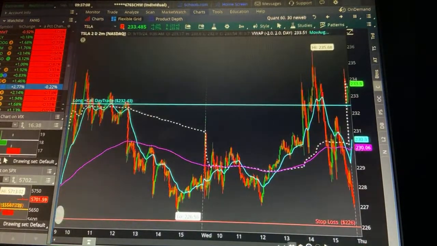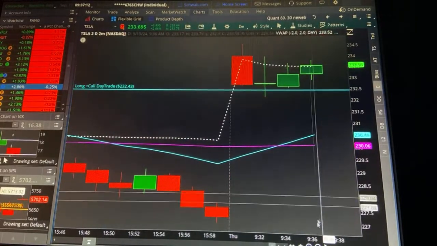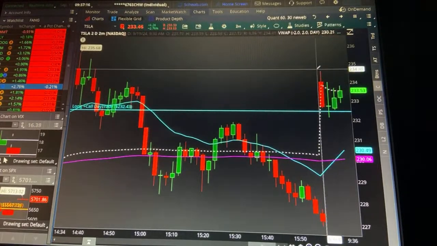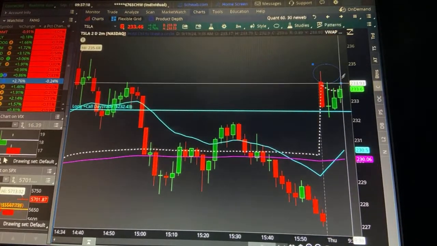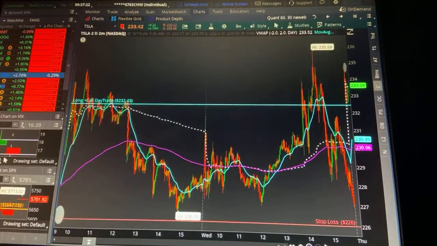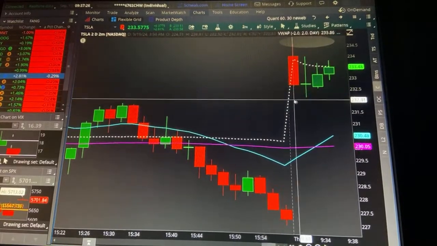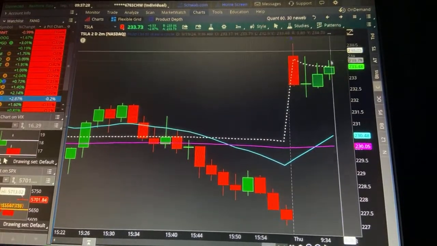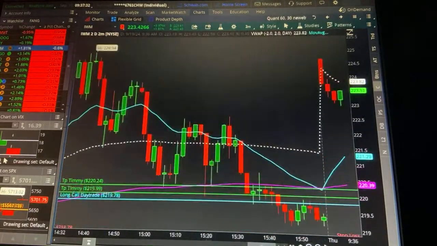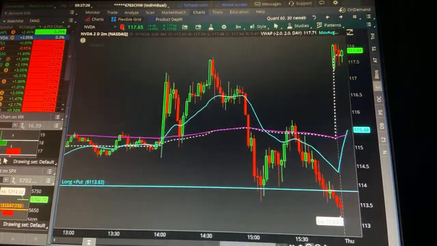All right, Tesla's interesting here. If Tesla can take out this red bar here, close above this positive change of the guard here, that could be a setup. Day trade long. All right. So a little bit of a push down. There we go, NVIDIA.